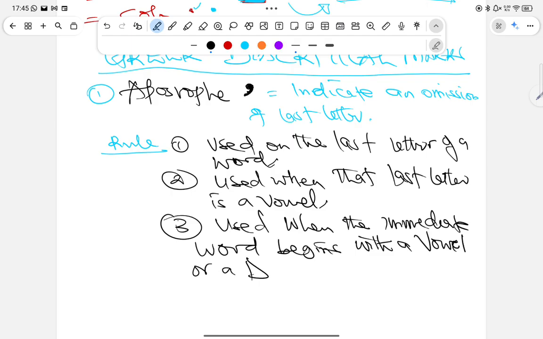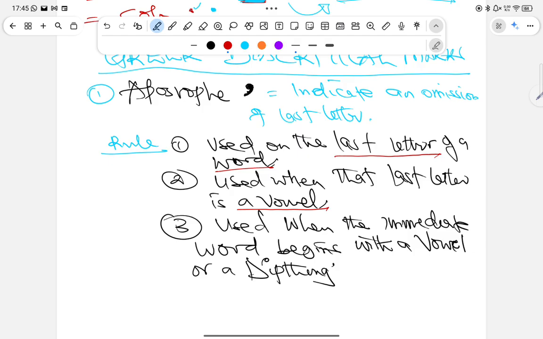So there are 3 rules followed on how the apostrophe is used for omitting letters. First of all, it's only used on the last letter of a word. Secondly, that last letter must be a vowel letter, any of the vowel letters.